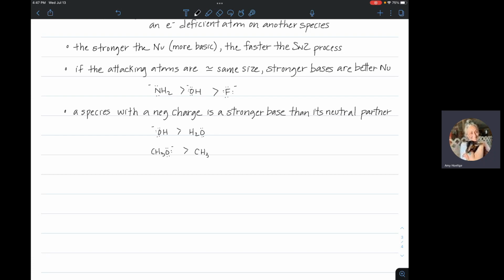See, these are just conjugate acid-base partners. The neutral molecule is going to be a weaker nucleophile. Amide anion is going to be stronger than ammonia. Notice how they only differ by one proton.